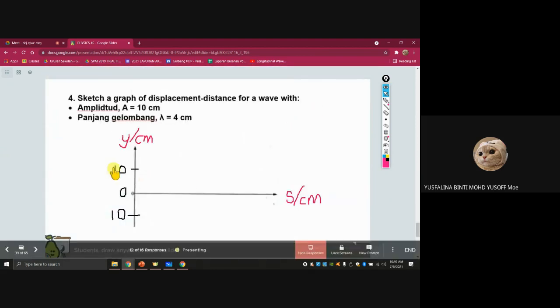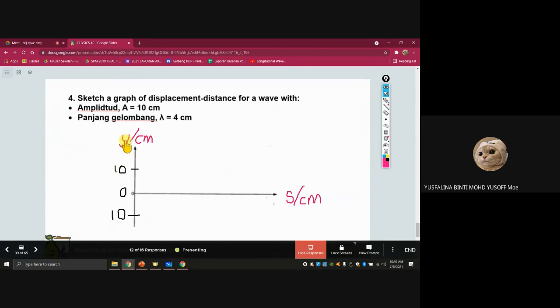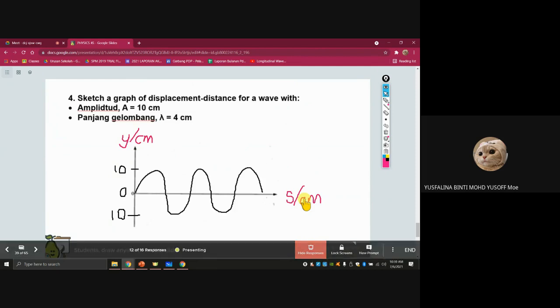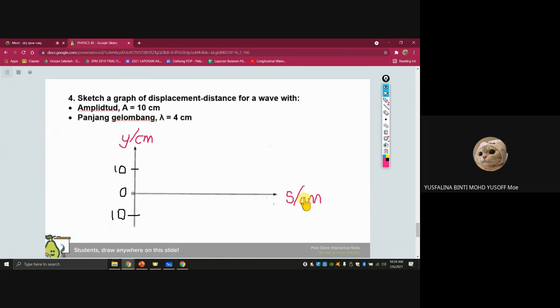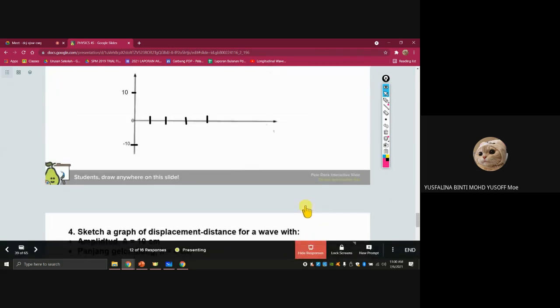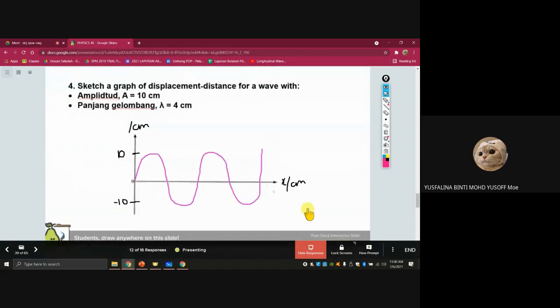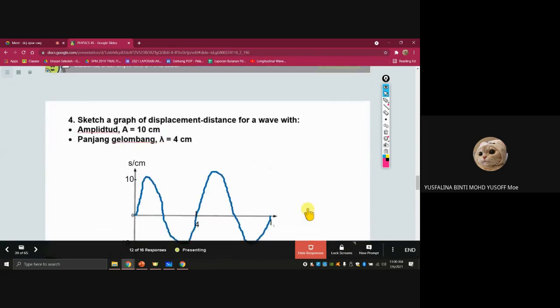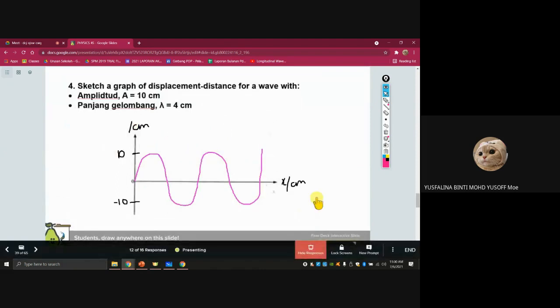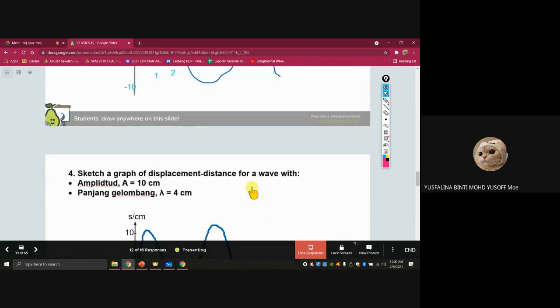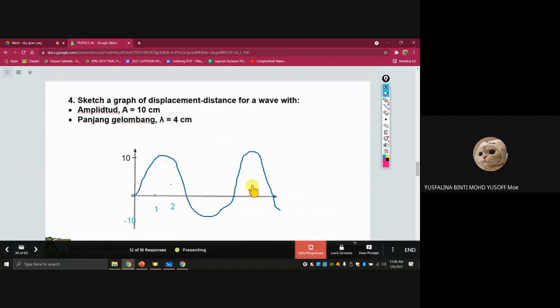5 cm. It should be this one, S, okay? For the y-axis is S over cm. For the x-axis is D over cm. Not x: D and S for the y-axis, D for the x-axis. You cannot put any word or letter you like.